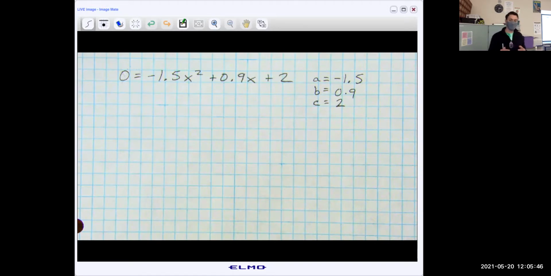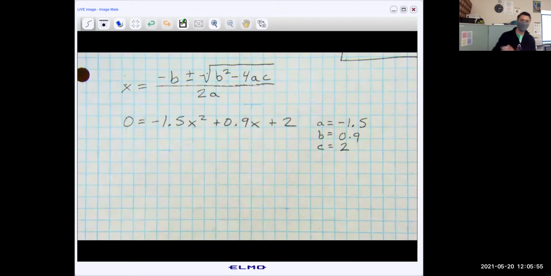So now that we have A, B, and C, our next step is to plug them into the formula. Everywhere I see a B and an A and a C, I'm going to plug in the numbers.